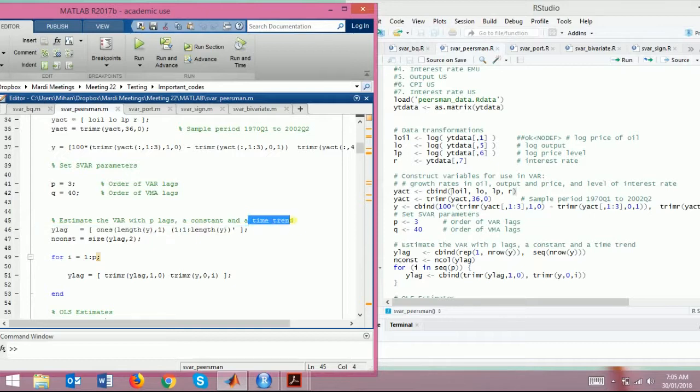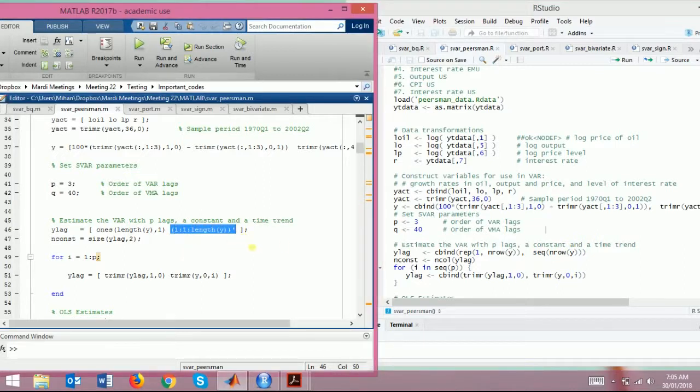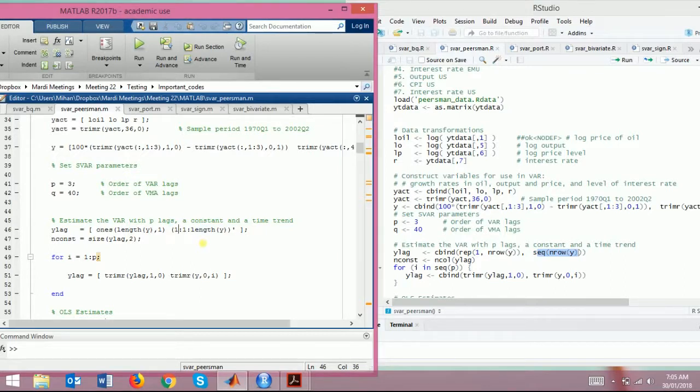We have not worked with a time trend in terms of a for loop before, so this is the time trend. So once up to length of y will have once here. That will grow by 1, a sequence, a growing sequence, right? Grow by 1.